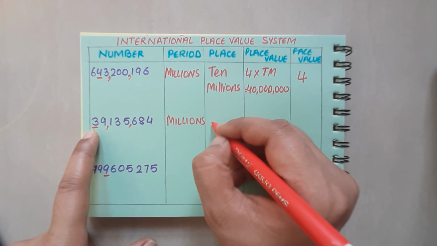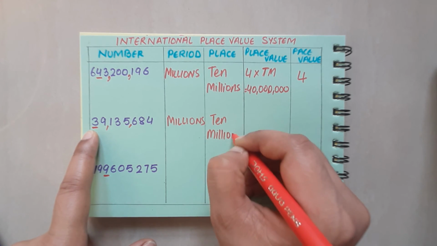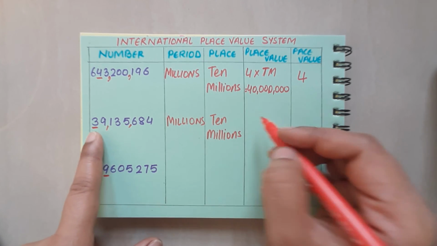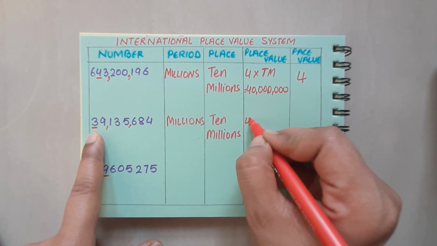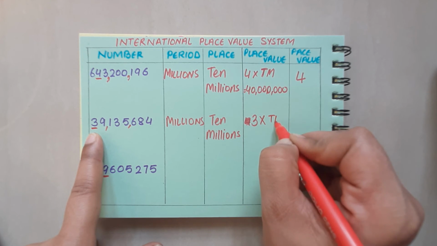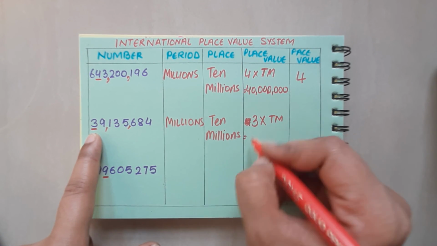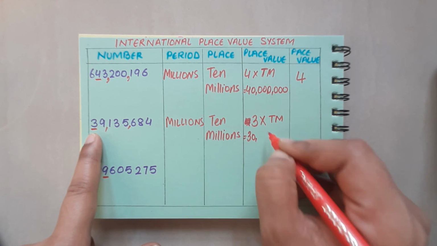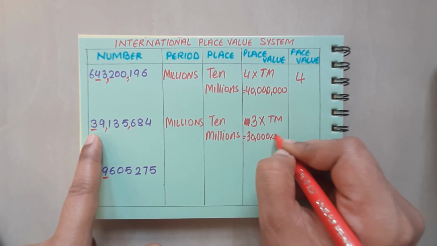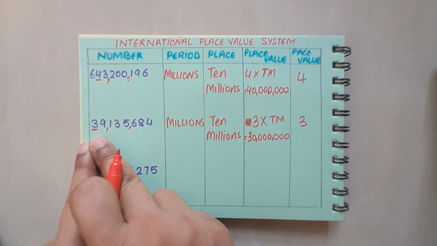Yeah, so 10 millions. Place value: 3 into 10 million. I don't have enough space, so I'm just writing 10 million over here. So it will be 30 million. And the face value is 3, the same as it is, right?